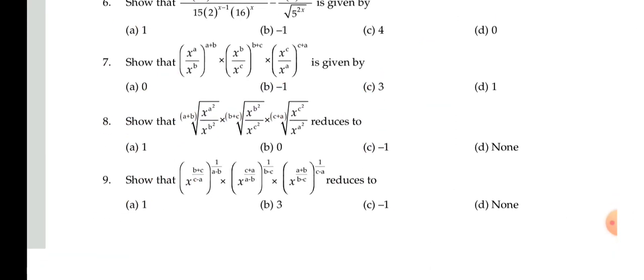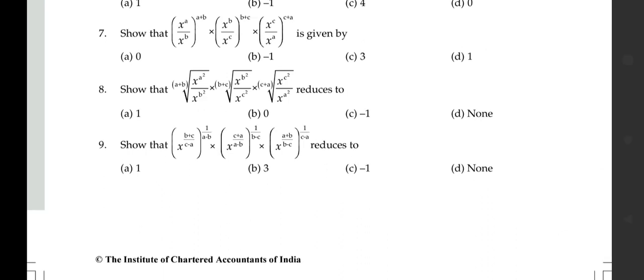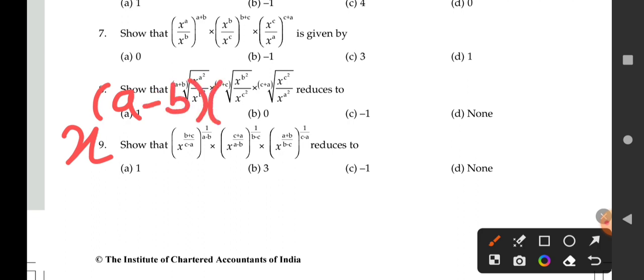In such type of questions, you have to just assume some numbers. Again, question number 7 is very easy. We have already seen this question previously. So what do we get? X power A minus B into A plus B, and similarly all other terms.